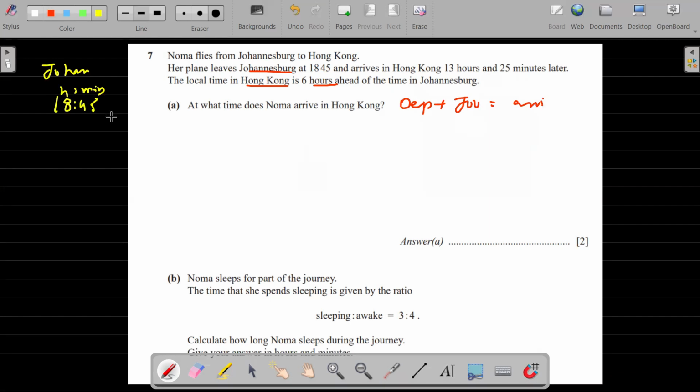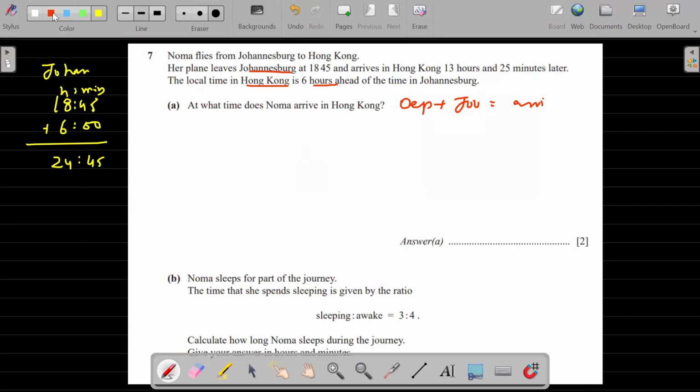This is my hour section, this is my minute section. By adding 6 hours, I will be able to calculate my time in Hong Kong. 18 plus 6 is 24, so 24:45.